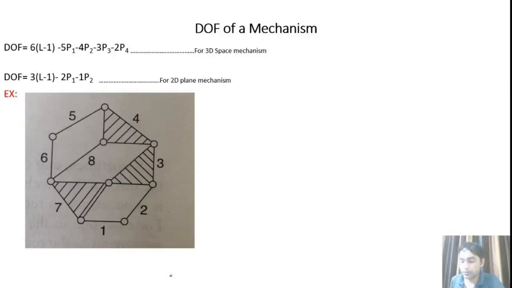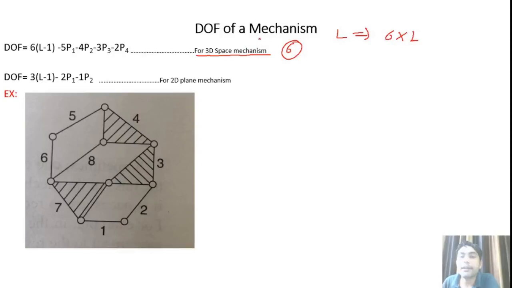Now for a 3D space mechanism, in the last slide what we studied, there are 6 types of independent motion in a body. So if there are L number of links, then the number of independent motions will be equal to 6 multiplied by L.